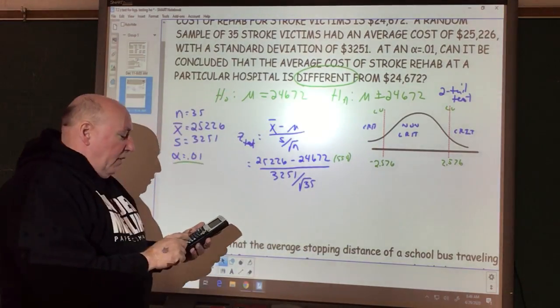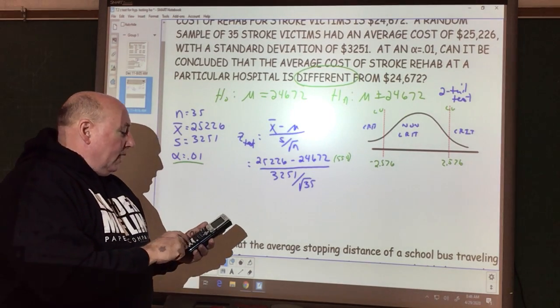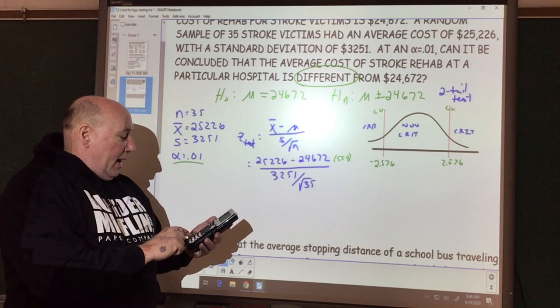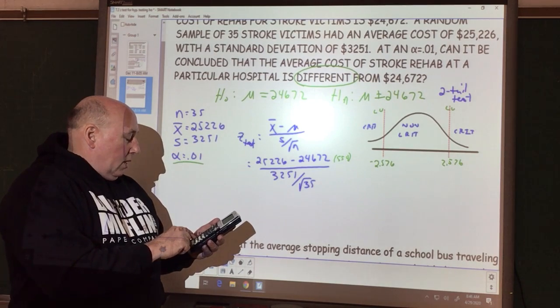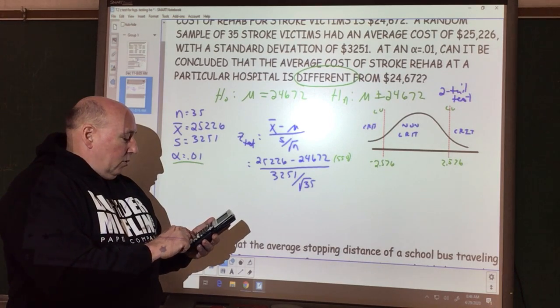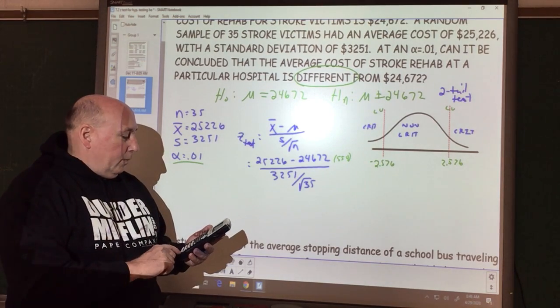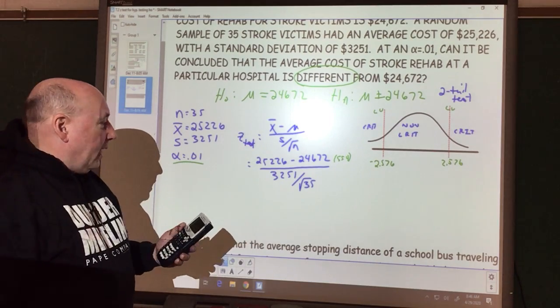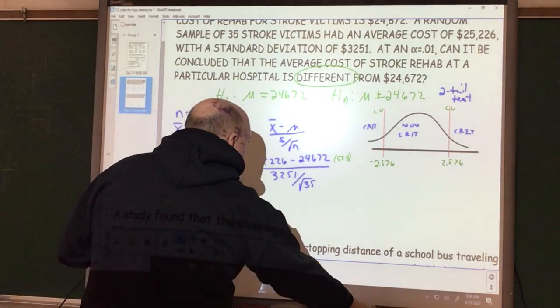And then I just divide at that point by the quantity of 3251 divided by the square root of 35. So we have 3251 over the square root of 35. I get 1.08.